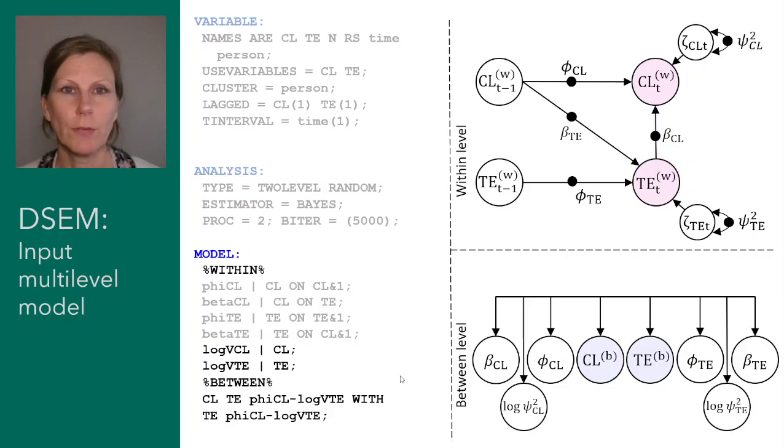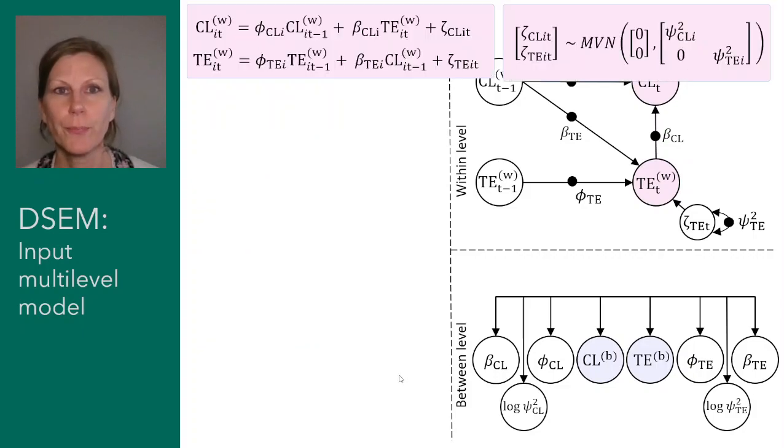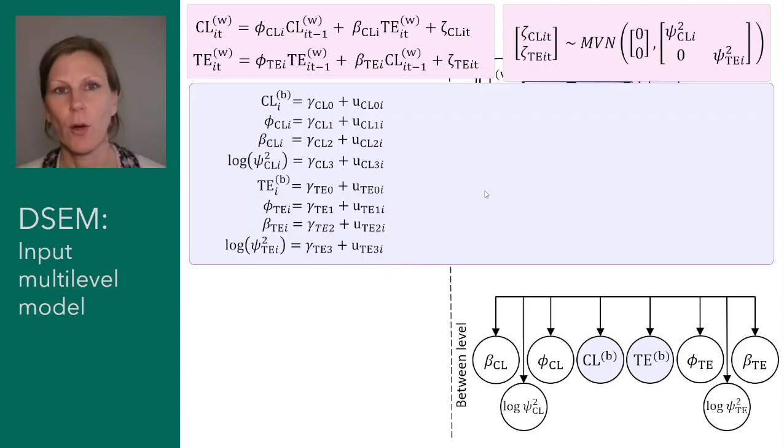So in this model, if we look at the within person level, we see we have the random slopes with subscript i, so these are not estimated at the within person level. And we see the variances also get a subscript i, the residual variances. So these are also not estimated at the within person level. So there are no parameters estimated at the within person level anymore. Instead, everything is now estimated at the between person level.